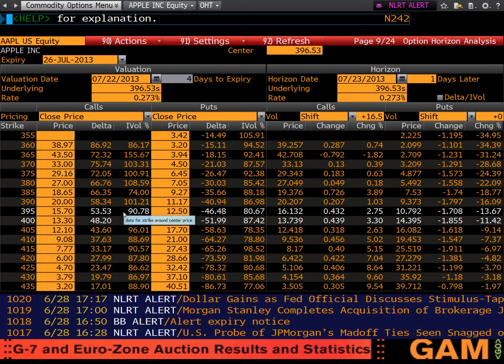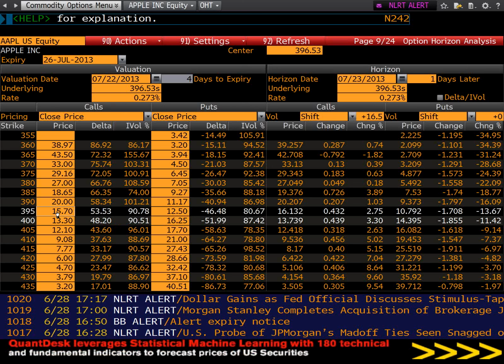Are you trying to adjust for the 1 day of decay? Yeah, I never used this particular function for this demonstration, so to speak, so I'm trying to figure out where to put in the right numbers. Because right now we're getting numbers that don't make much sense.